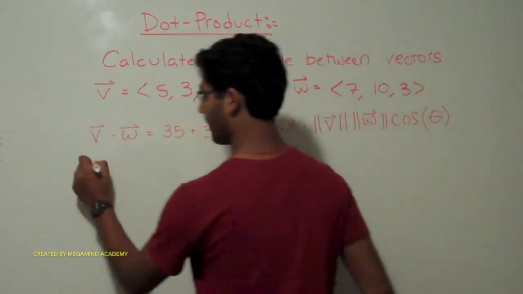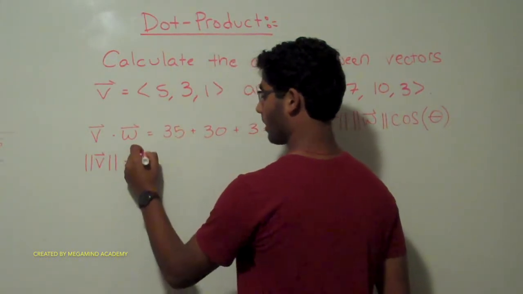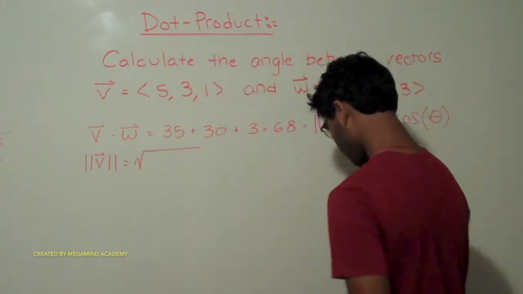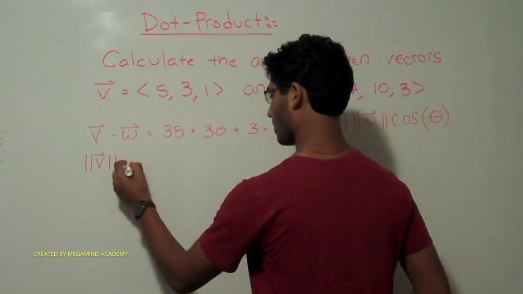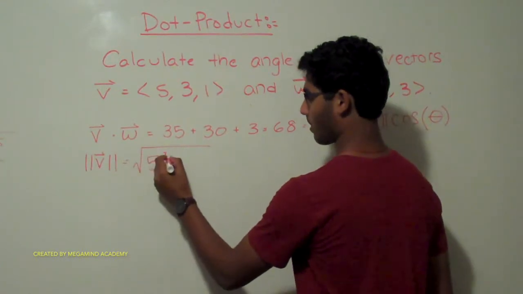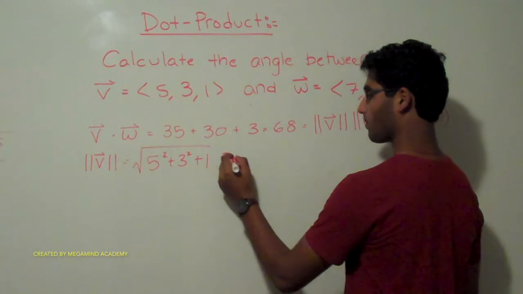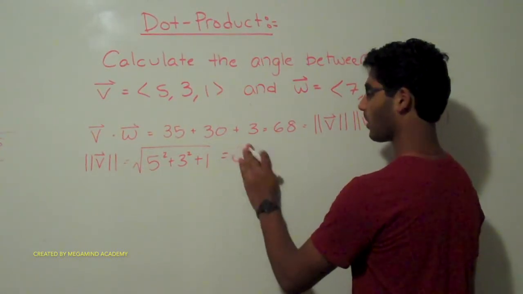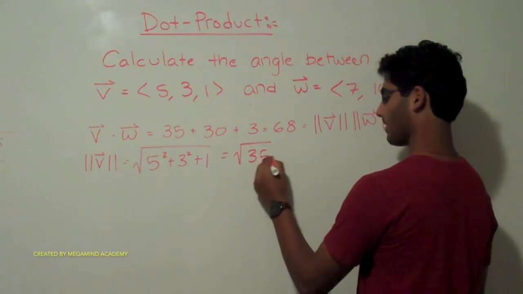The magnitude of vector v is equal to the square root of 5 squared plus 3 squared plus 1 squared, or just 1, which is equal to 35. I mean the square root of 35.